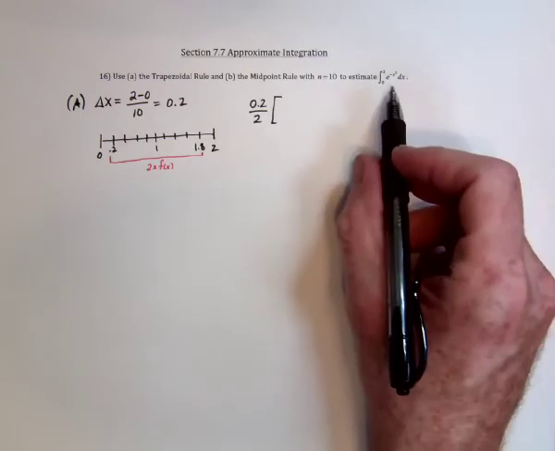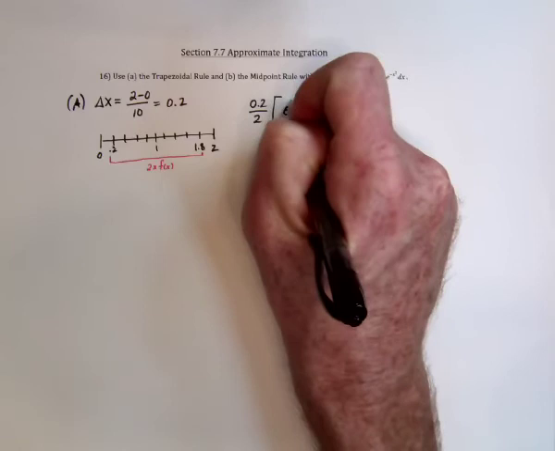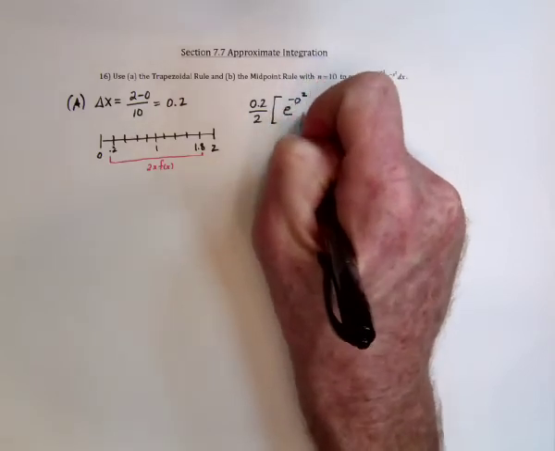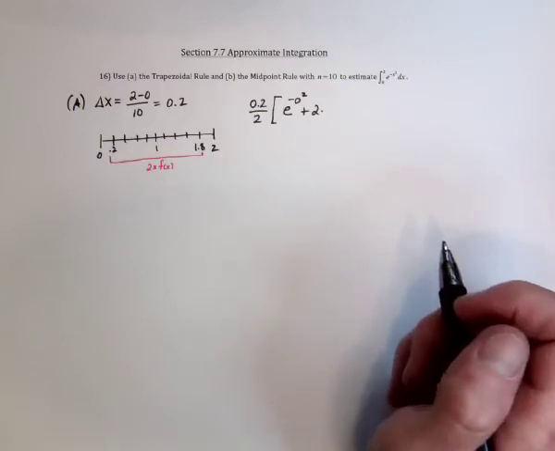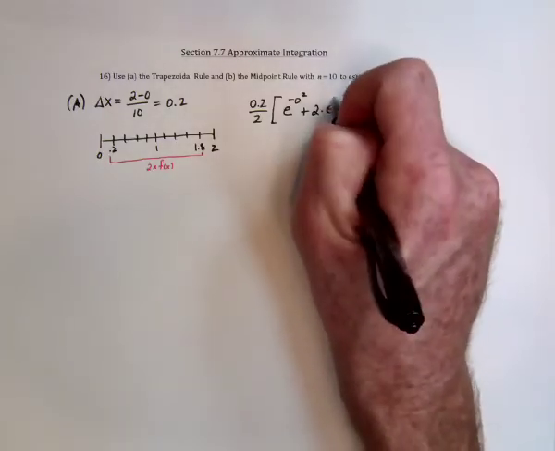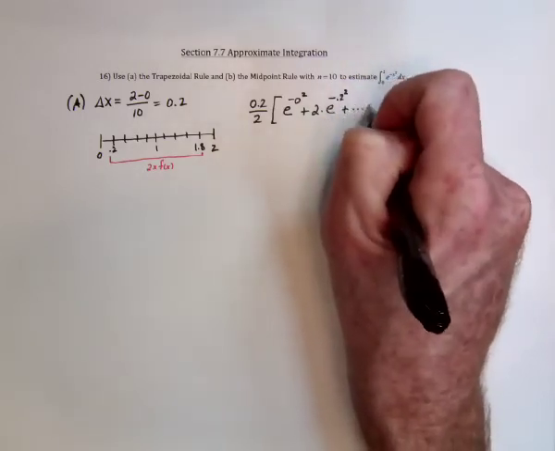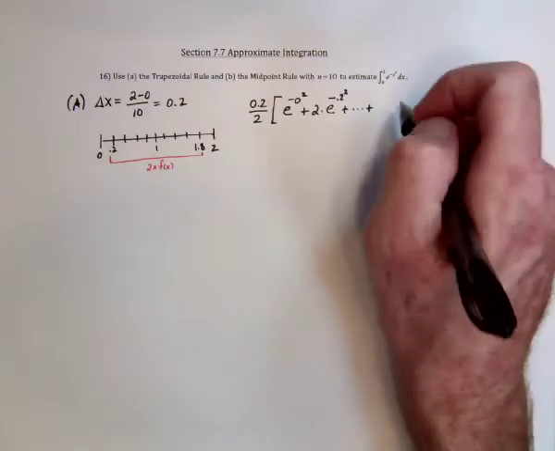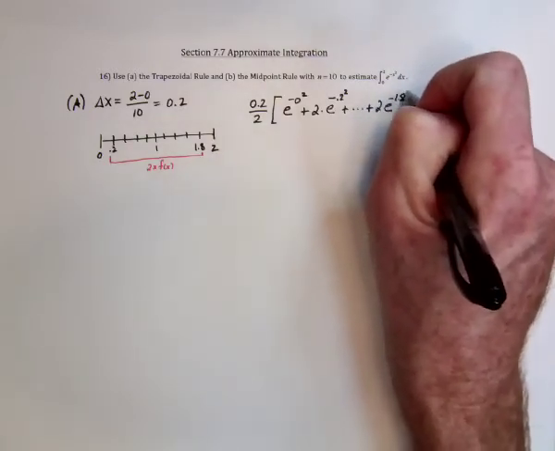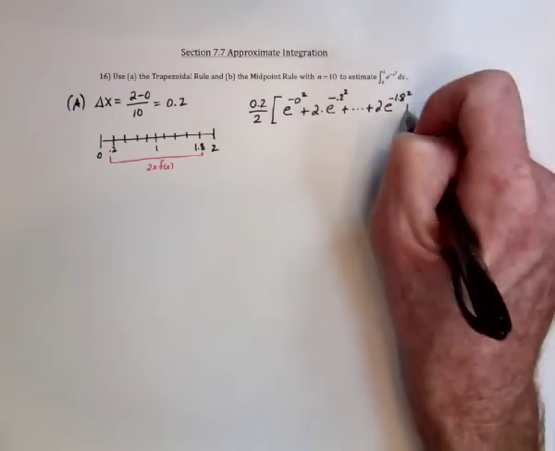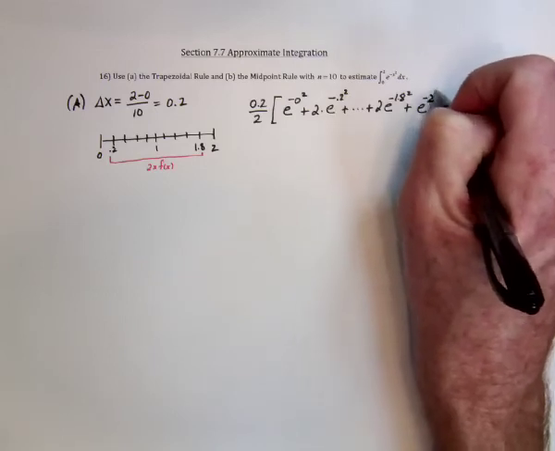So we would have e to the negative 0 squared, and then these middle ones are all going to have a coefficient of 2. And then 2 e to the negative 0.2 squared, plus etc., until I get to the 1.8, 2 e to the negative 1.8 squared. And then the last one is just e with a 2 substituted in.